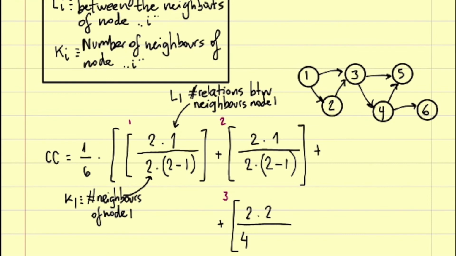So the number of neighbors of node 3 is 4, times 4 minus 1, plus number 4.